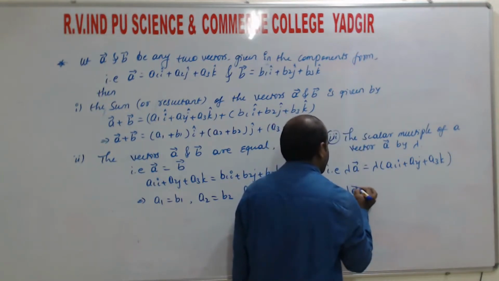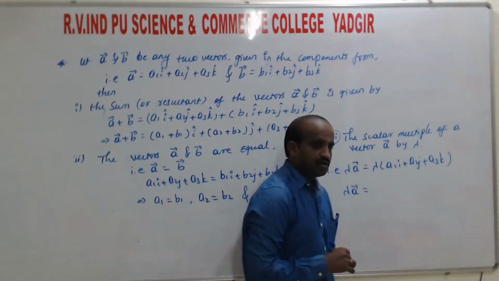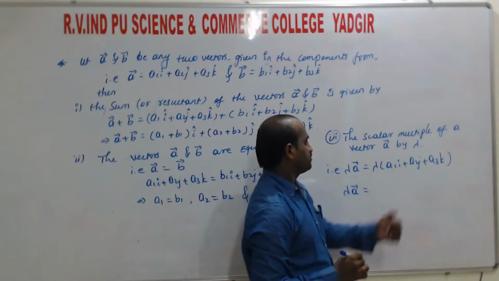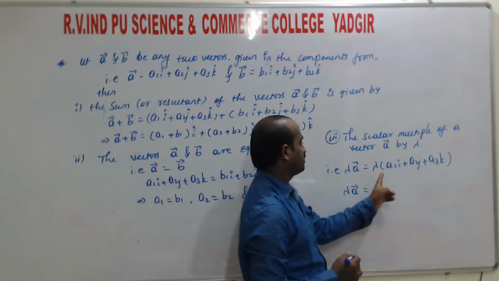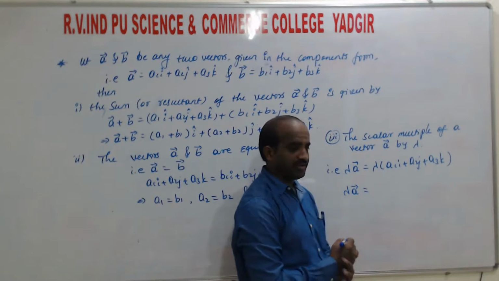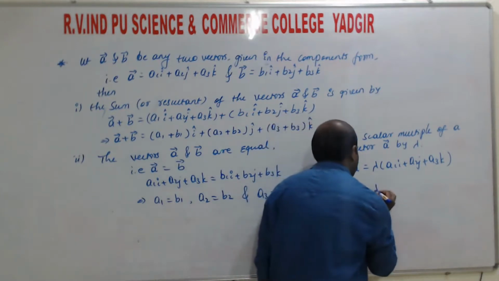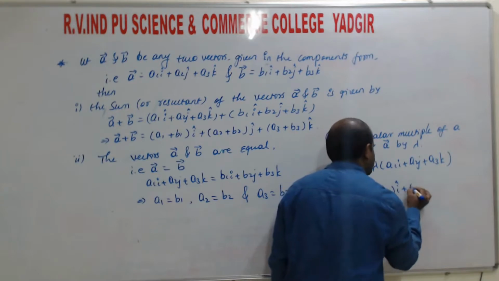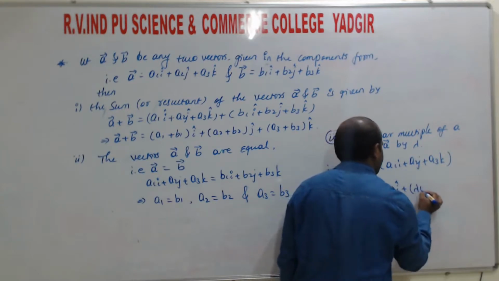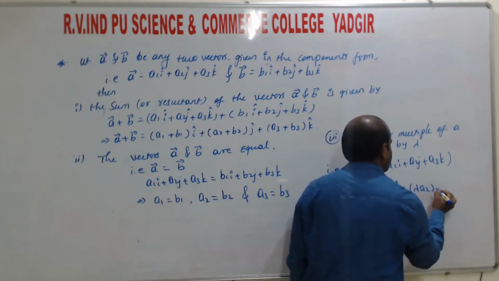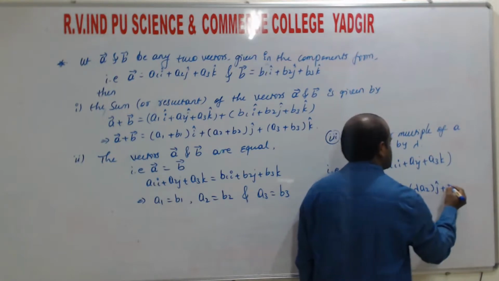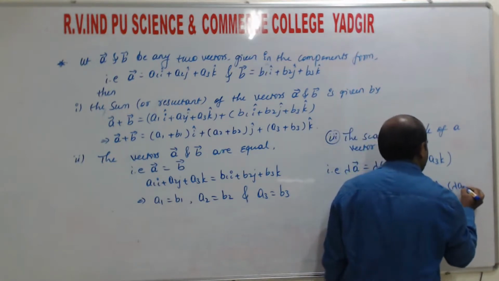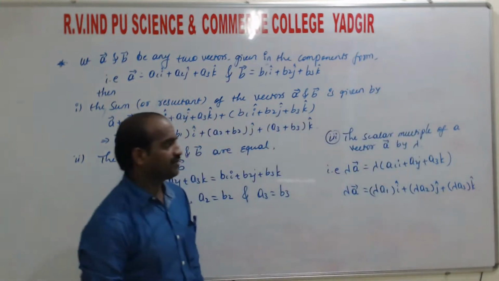Then all the components you have to multiply: lambda into a1 into i plus lambda into a2 into j plus lambda into a3 into k. This is the scalar multiple of a vector.